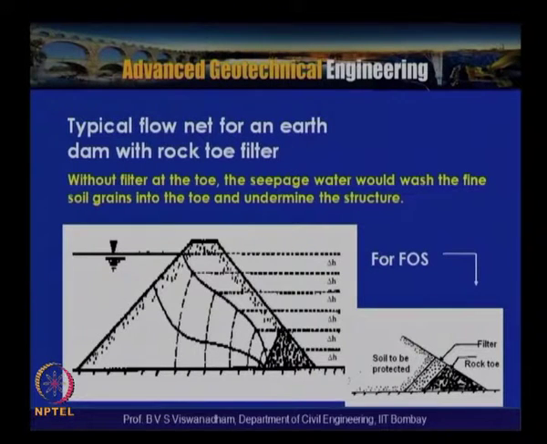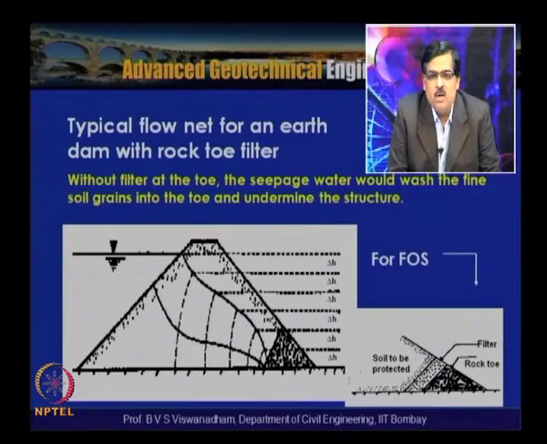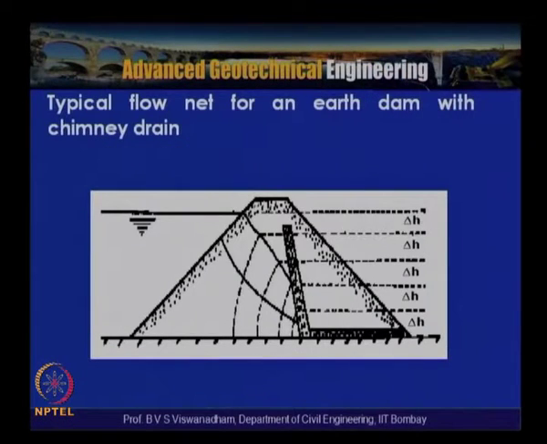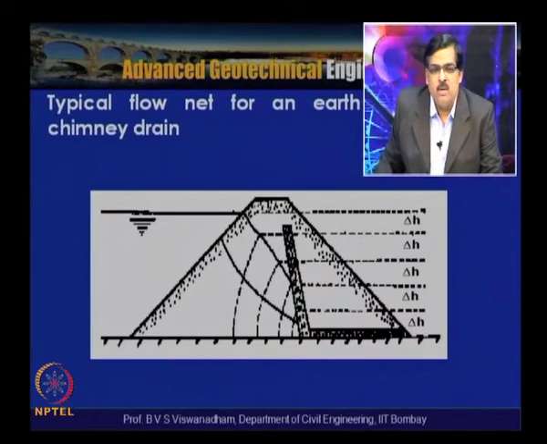Without a filter at the toe, the seepage water would wash the fine soil grains into the toe and undermine the structure. So it basically undermines the stability of the structure. This is an example of what I was mentioning about a chimney drain, where you have a horizontal drain extended with a column of sand, and sometimes when we use some pervious materials, a layer called hearting is also used.